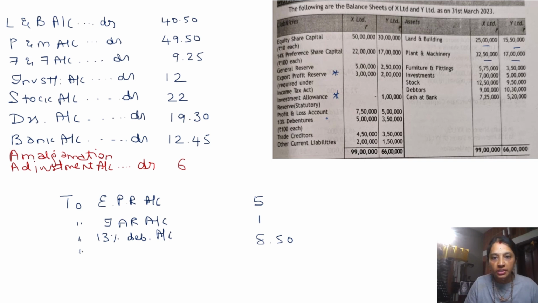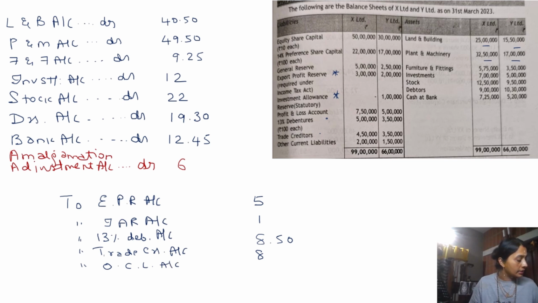After 13% debentures, we transfer trade creditors account. X has trade creditors of 4 lakh 50,000 and Y has trade creditors of 3 lakh 50,000. Total comes up to 8 lakhs. Then two, other current liabilities.